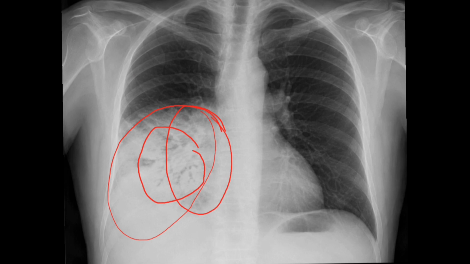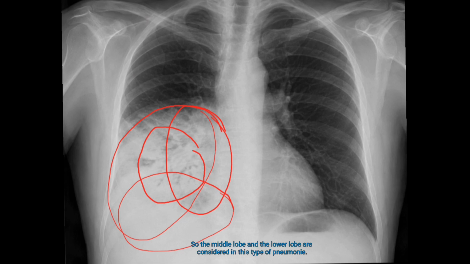So for example, a middle lobe pneumonia may hide the right heart border, and the lower lobe area may obscure the diaphragm. The diaphragm shadow is not there, and the heart shadow also is not there. So the middle lobe and the lower lobe are involved in this type of pneumonia.